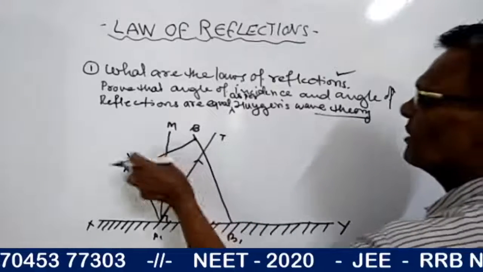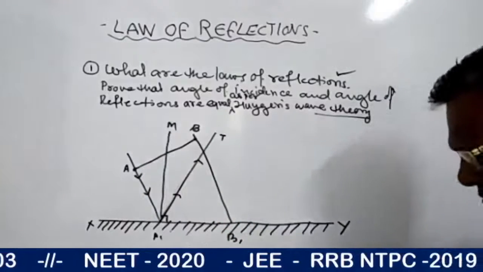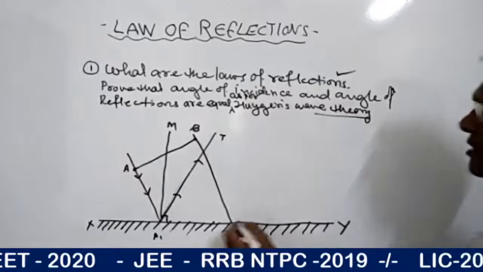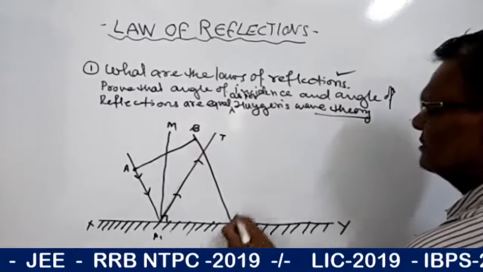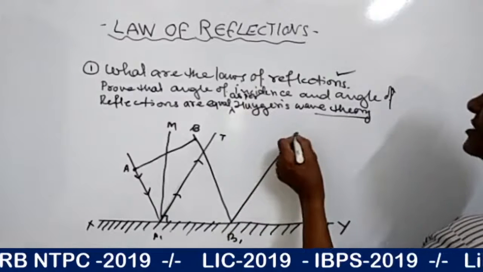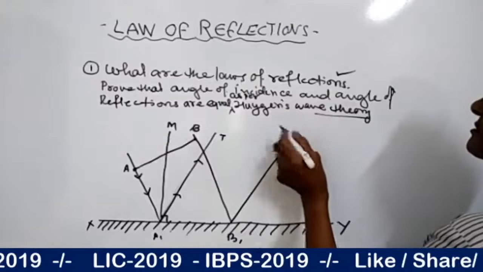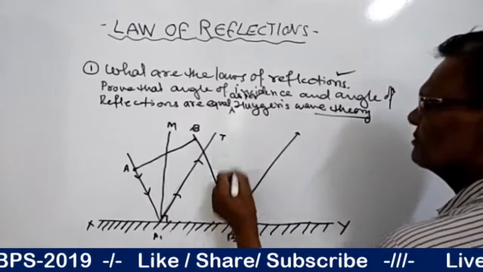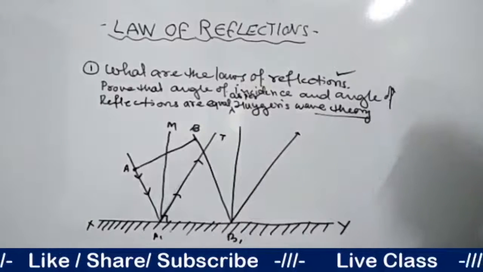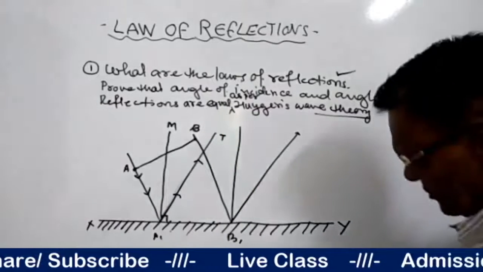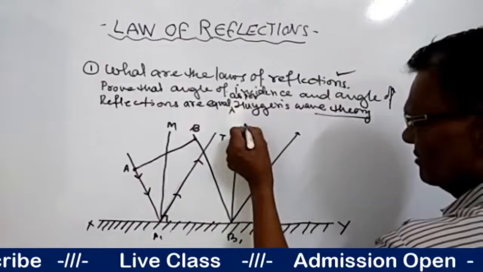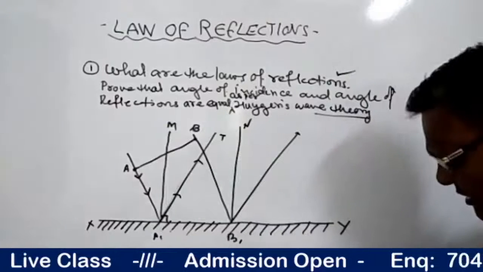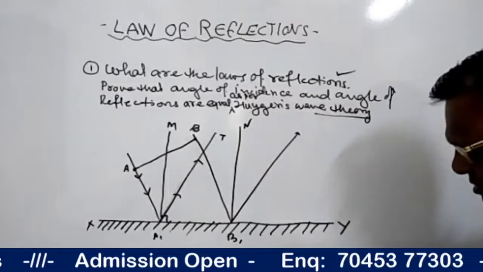So this forms a wave. Now here is also again reflected rays, because once ray of incidence gives a reflected ray, here is also normal. So you designate it as NB1, and reflected ray is your B1Q.